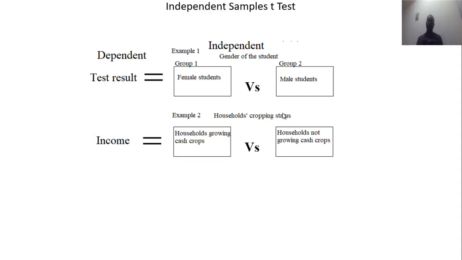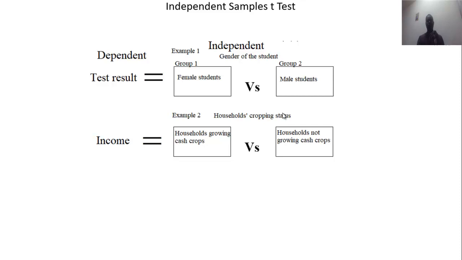The difference in average value between two groups. Let me add another example. You can classify students in one section into two: male students and female students.